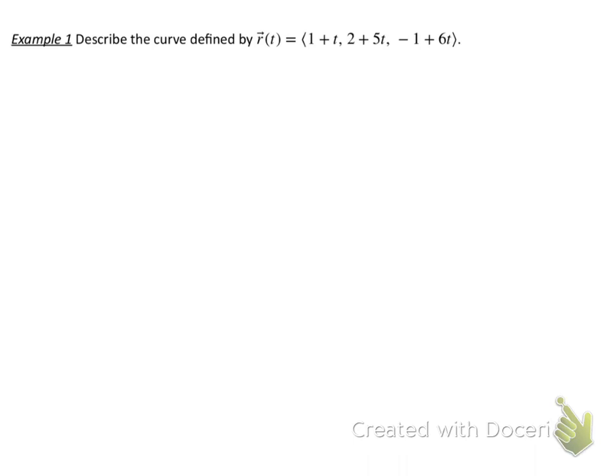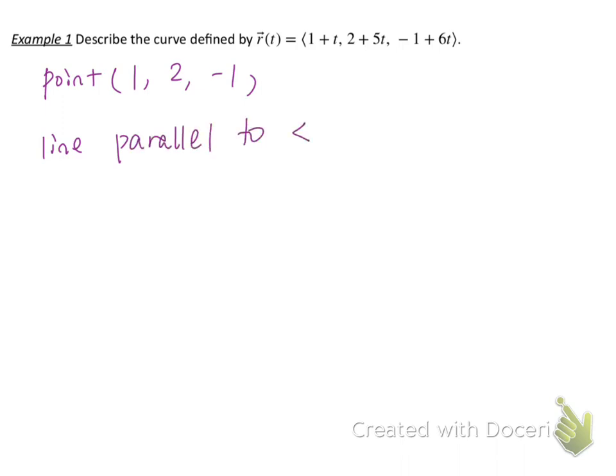We have a line with base point 1, 2, negative 1, and this line is parallel to the vector formed by the coefficients of t, which is 1, 5, 6, the direction of the line.